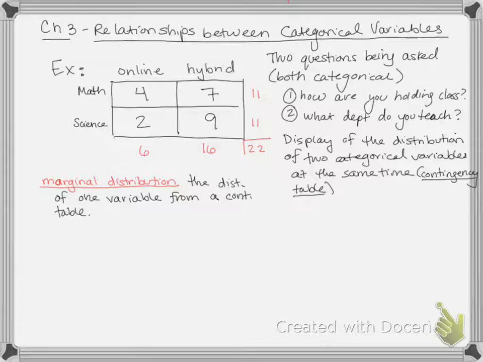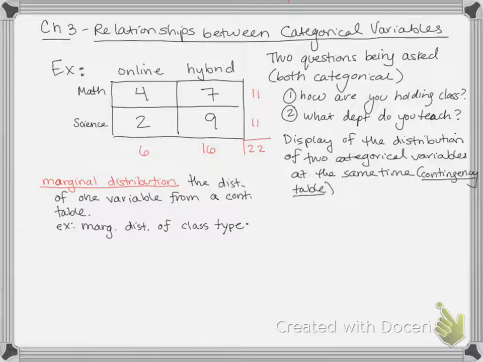All right, so the marginal distribution is the distribution of only one variable. An example might be the marginal distribution of, and then we could pick one of the categories, so class type.